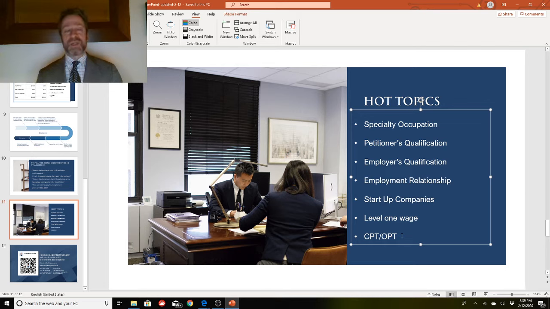The Immigration Service wants to see evidence that the applicant has maintained their student status and has maintained compliance with the OPT work permit. So those are some of the things we've seen. We've had a lot of success, however, getting cases approved, even when there was an issue with the OPT employment. There are ways of getting those cases approved, even if there's been a problem with the OPT employment, and we've had a lot of success with that.